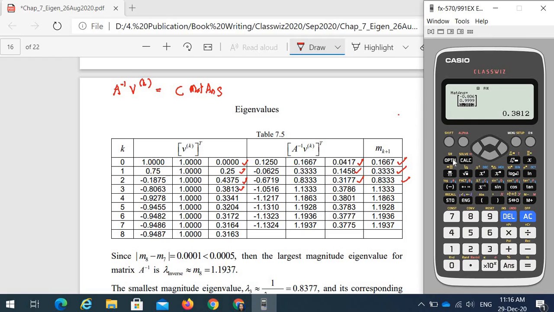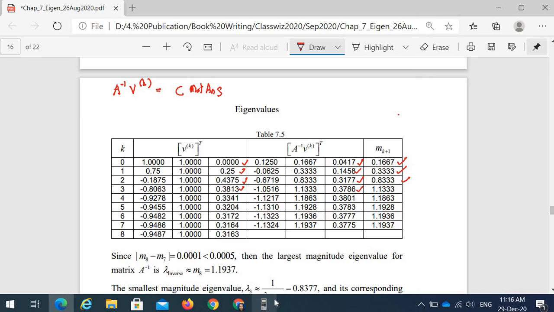So here, options, number 5 times max answer. And M k plus 1 is the largest magnitude.